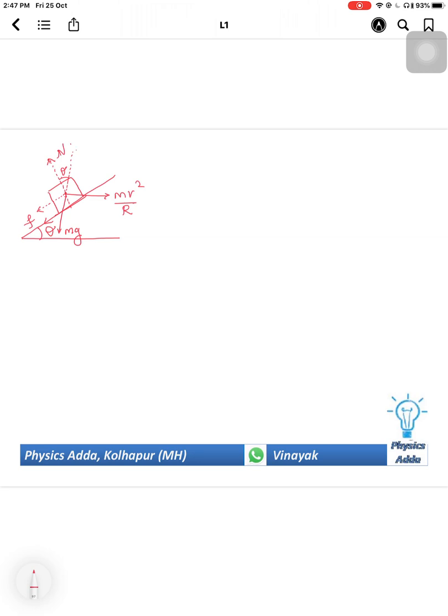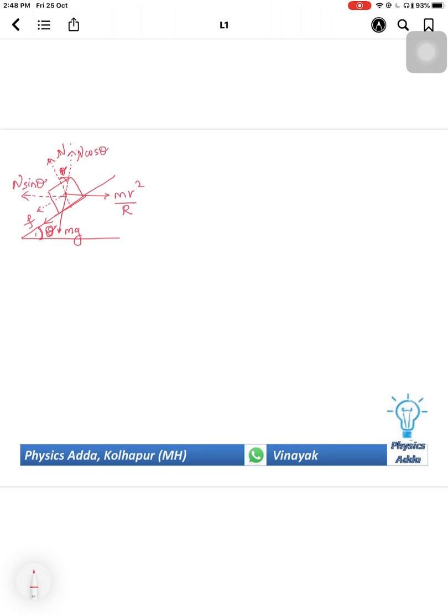This angle will also be theta. So this component will be N cos theta, the adjacent component, and this component will be N sin theta.